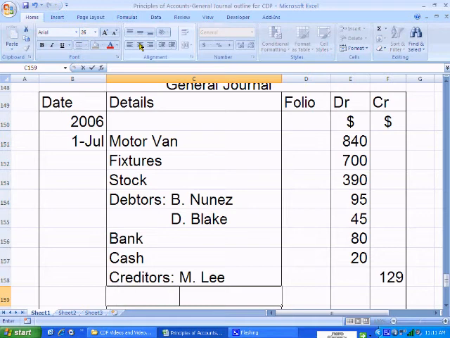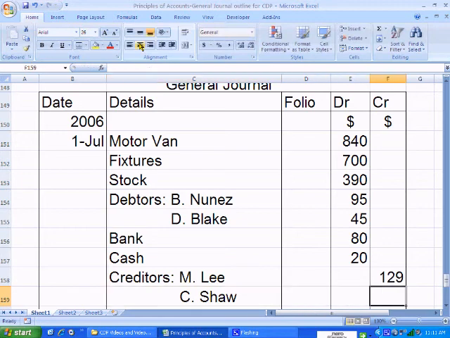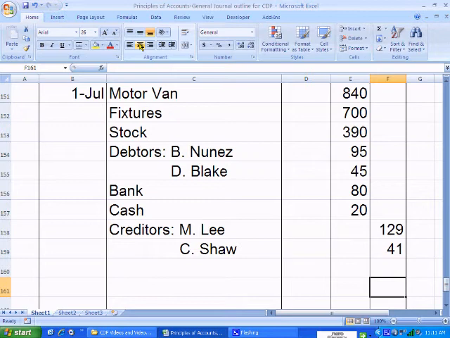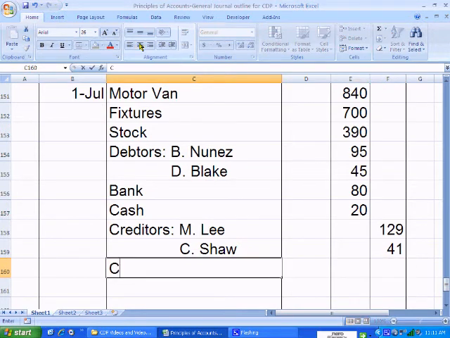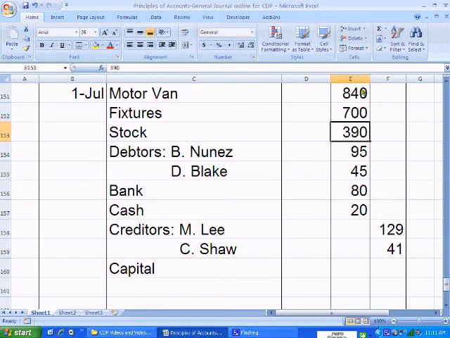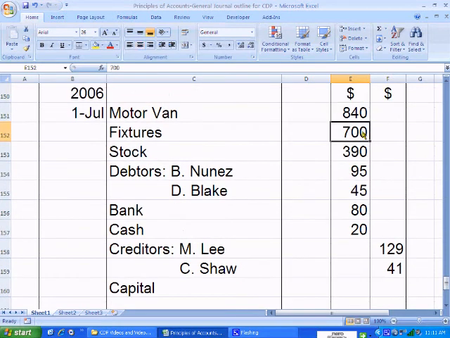When you add up 840, 700, 390 plus 95 plus 45 plus 80 plus 20, you get a grand figure of 2170. Add the liabilities to get 141. If you minus 141 from 2170, you would automatically get what? 2000. So I'm going to have 2000 right there for capital. That's that for that.